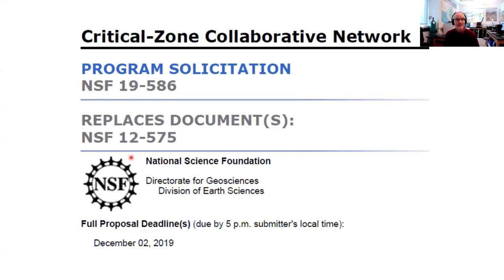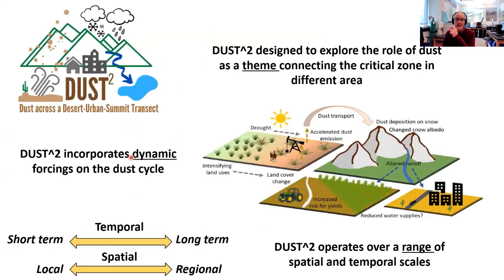And my idea very quickly was, well, we could probably use dust as a great example of a theme that connects together potentially widely scattered locations within the critical zone. And so I pulled together a team of colleagues to pursue this, and we proposed a project which became known as Dust Squared.